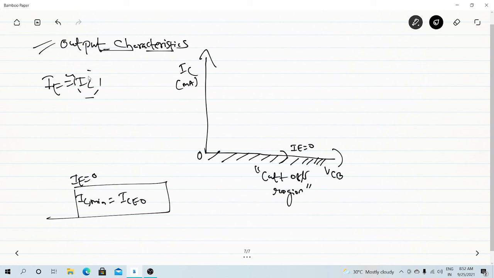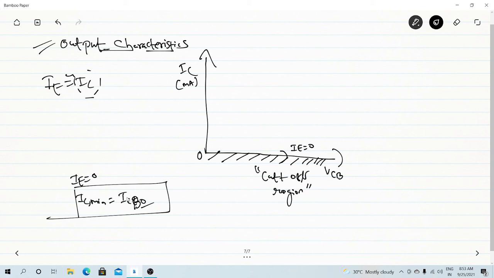That is the thing that I want to say. Because the output section is there, the minority current will be there, exactly like the reverse current, which is very small. That is ICBO, the collector to base current when the emitter is open.